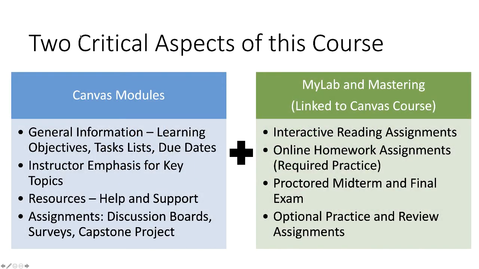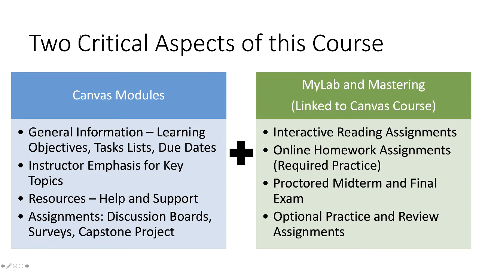Let's look at how the two critical aspects of this course work. In the Canvas modules, you will find general information such as the learning objectives, tasks list, due dates, the instructor emphasis for key topics, the resources for help and support, and there are some assignments linked directly to the Canvas modules such as discussion boards, surveys, and the capstone projects.